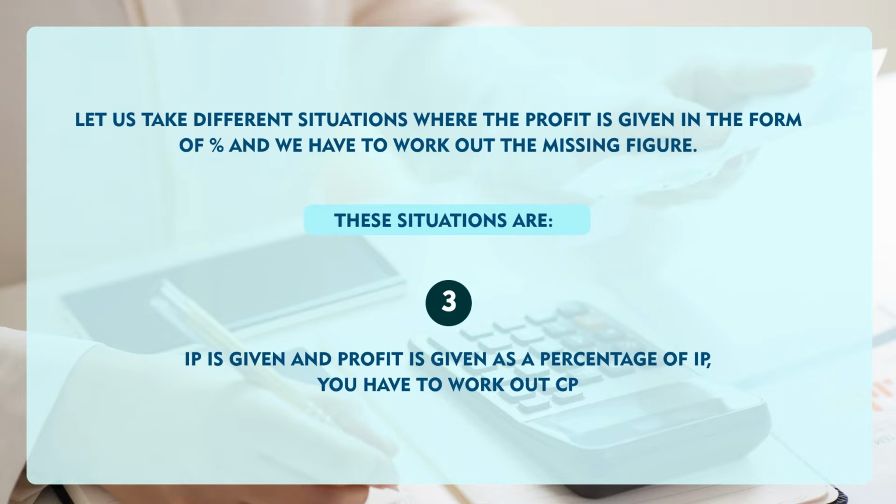We have to calculate the cost price. The fourth: invoice price is given and profit is given as a percentage of cost price. You have to calculate the cost price. Now we will discuss all these four situations one by one.